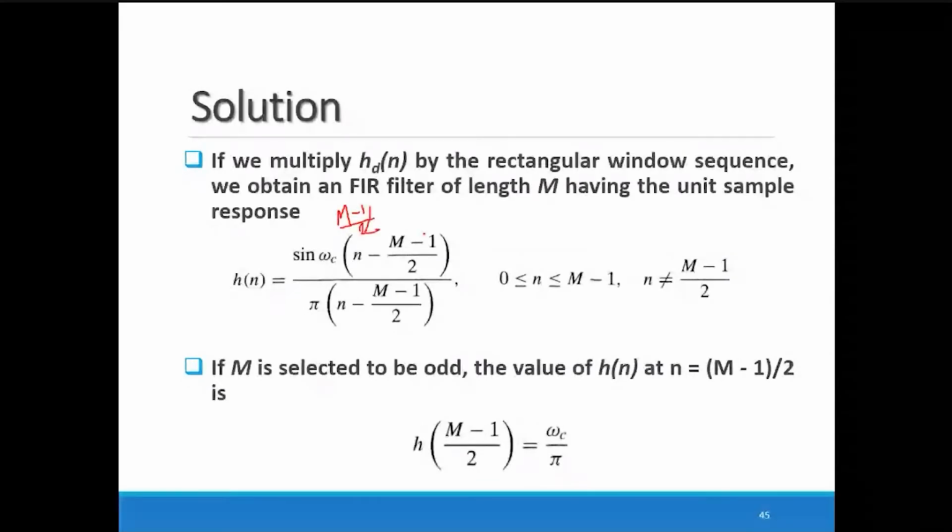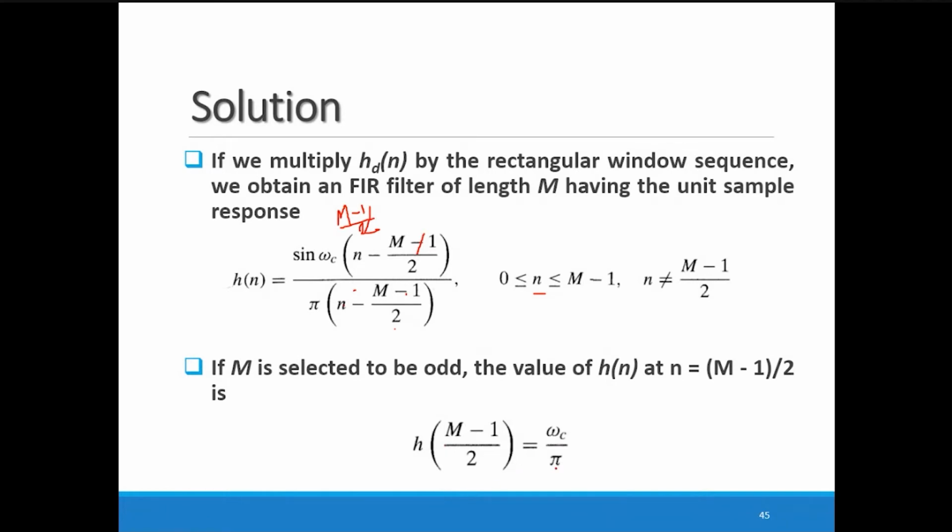So you get h((M minus 1)/2) equal to omega c by pi. After this, for n equal to (M minus 1)/2, you get the simplified value that will be omega c divided by pi.